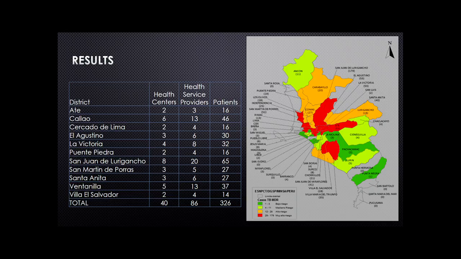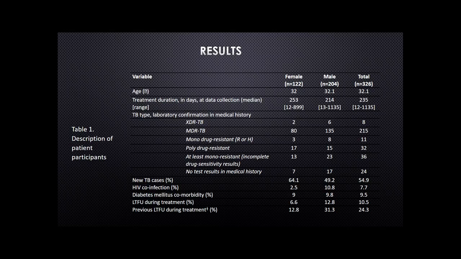It's there. So I went to 11 districts in Lima, 40 health centers. These are the ones with the highest prevalence of MDR-TB in the city of Lima. I interviewed 86 health service providers and 326 patients. And this is the description of the patients.